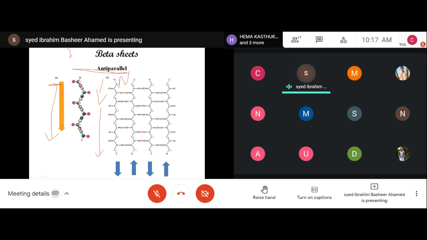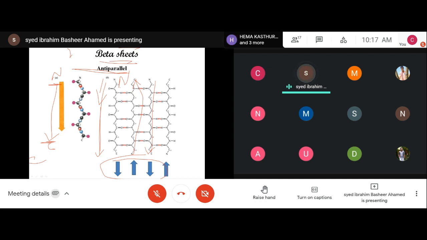This tail region indicates the N terminal, and this head indicates the C terminal. So one chain is running in this direction, another chain is running in the opposite direction, and another in this direction. So they are anti-parallel to each other. The N terminal and C terminal are in anti-parallel fashion, and that's why it's called anti-parallel beta sheet.